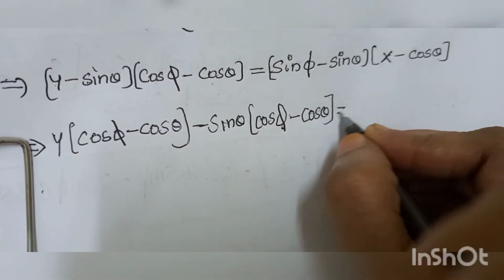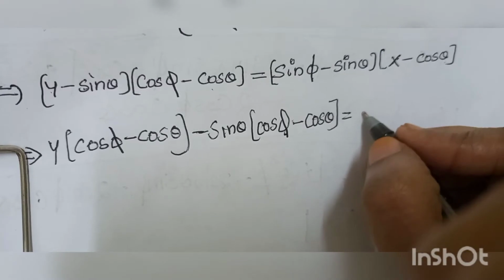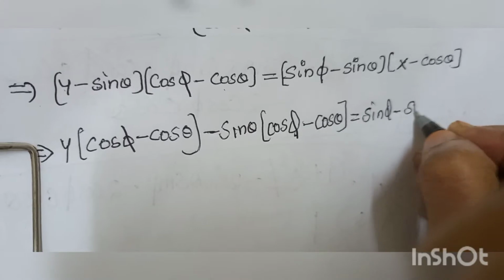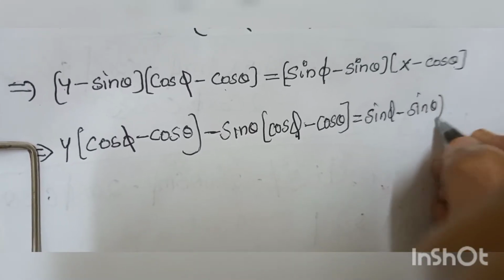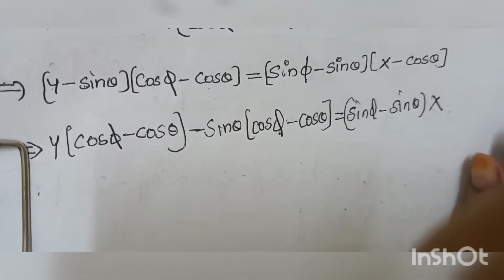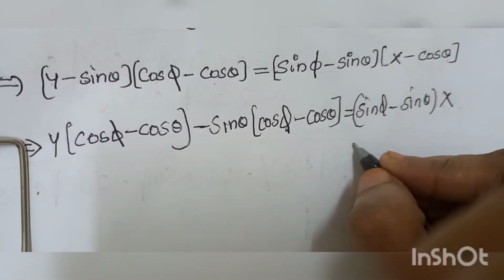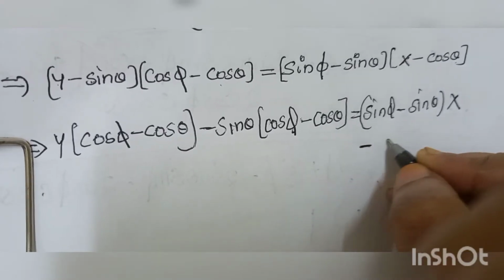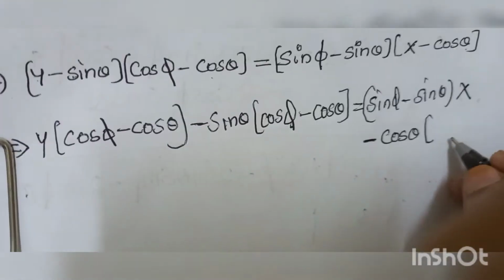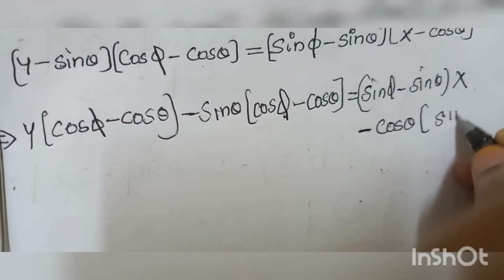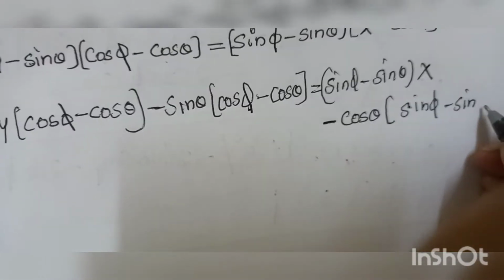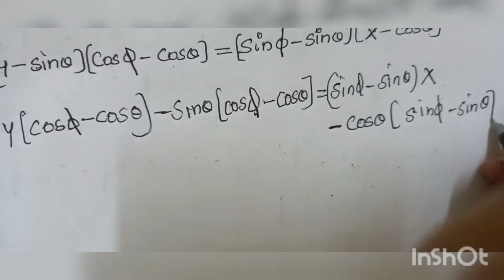is equal to sin phi minus sin theta into x minus cos theta into sin phi minus sin theta in bracket.